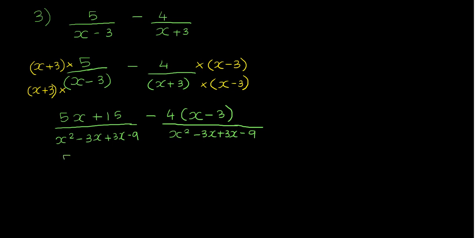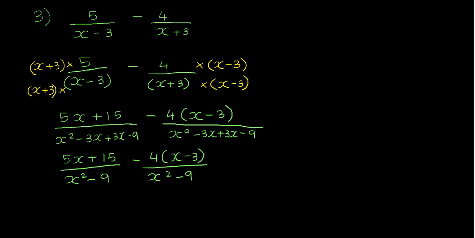So I'm going to have 5x plus 15 over x squared minus 9, because the minus 3x and plus 3x cancel out, minus 4 bracket x minus 3 over x squared minus 9. Right, so what I'm going to do next is, can I fit it down at the bottom here?